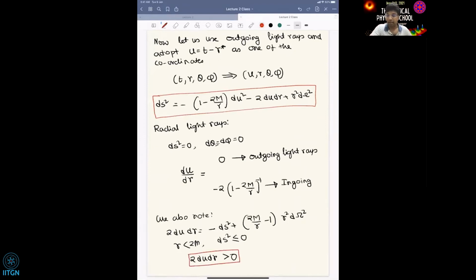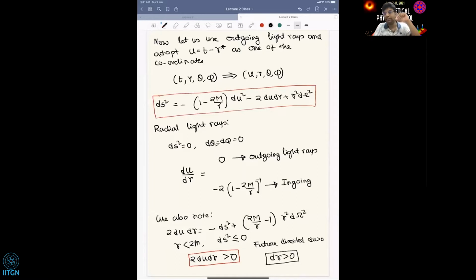Again, we can only use the future directed curves. For the future directed case, du is positive, and you will find dr to be positive. Now this is exactly opposite to what we learned previously. Earlier, in v, r, theta, phi coordinates, once you are inside the r equal to 2m surface, dr is negative.